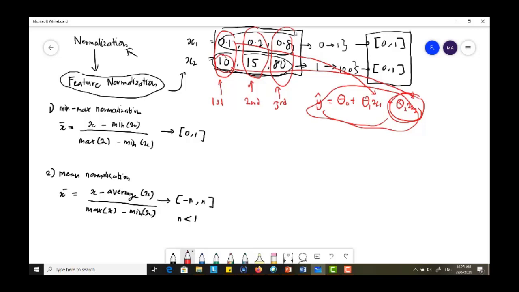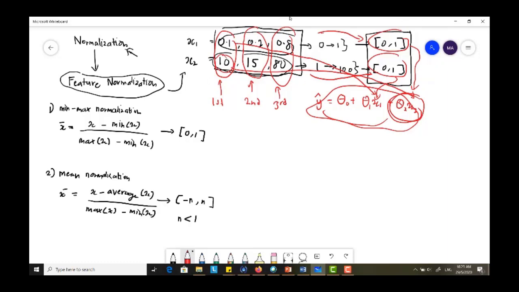You need to convert your data into this range. Doesn't matter if it is x1 or x2, you must convert it into this range. Once you have this range, you proceed with training your model using this normalized data.